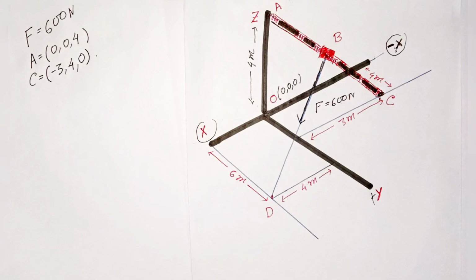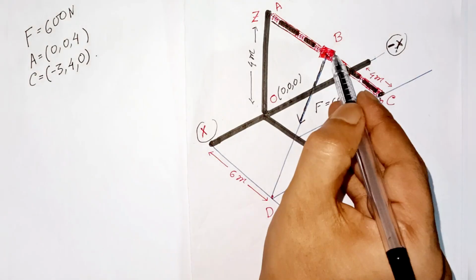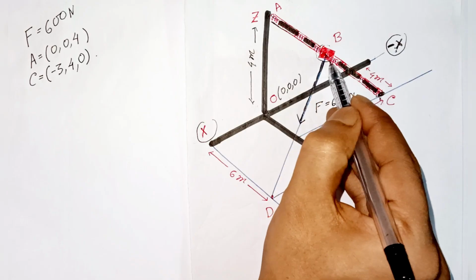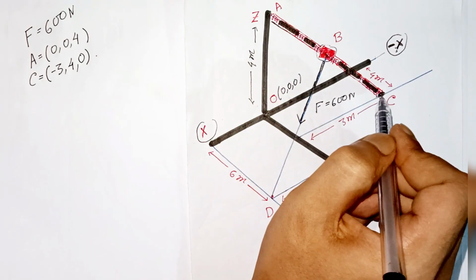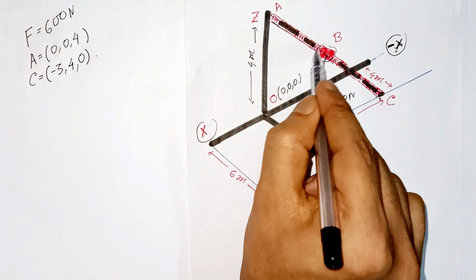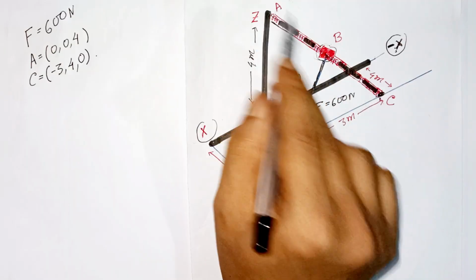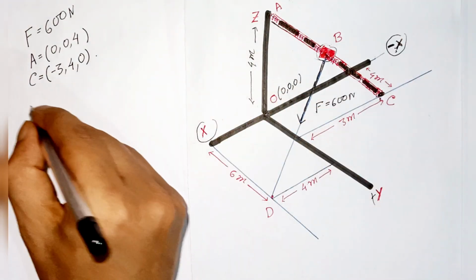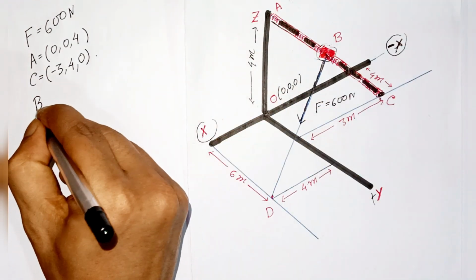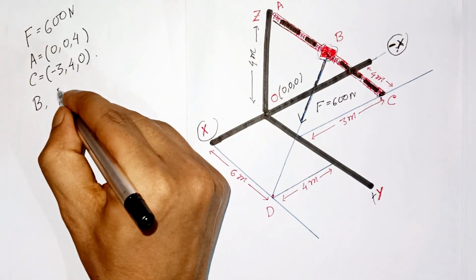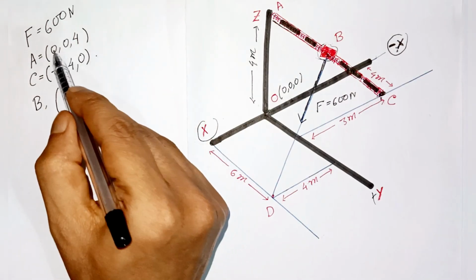Now the question says that point B is exactly in the middle of AC. The question gives this, not me. So you have to find the coordinate of B. B is the midpoint of AC, so B's coordinate is (A plus C) divided by 2.